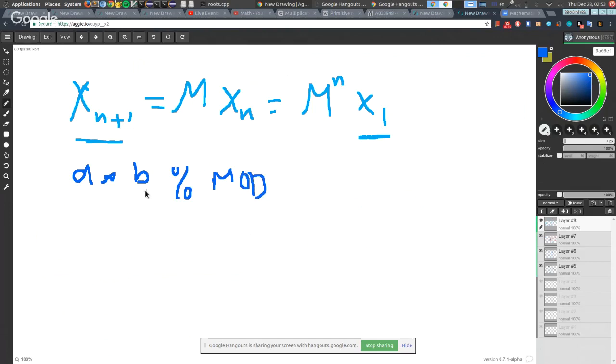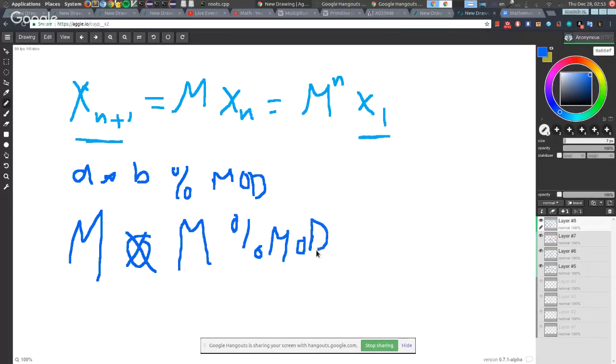This was our operator, and we wanted to do that n times. This time we just have a matrix M, and we do the matrix multiplication, and we actually apply the mod implicitly to all the elements during multiplication. Basically it's the same algorithm. When we compute M to the power of n, we multiply it times x1, and then we get this vector.